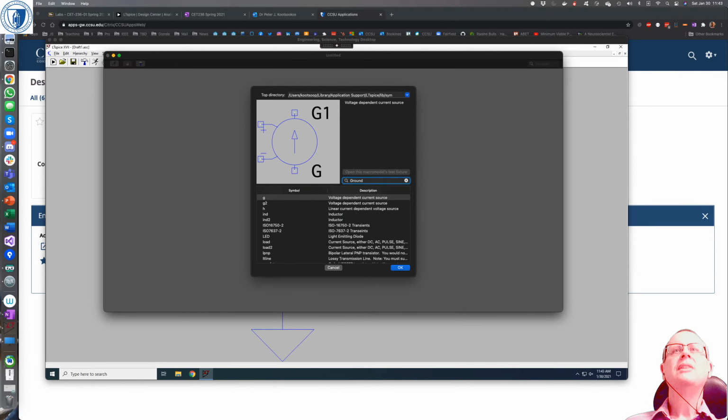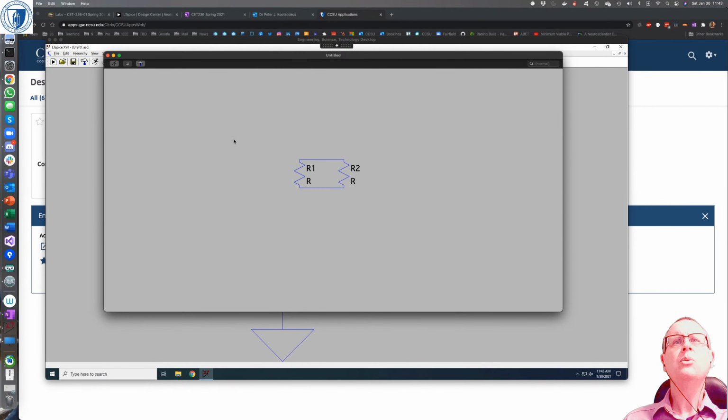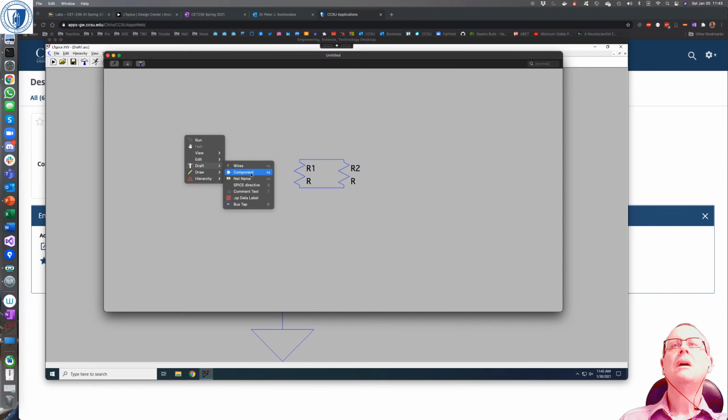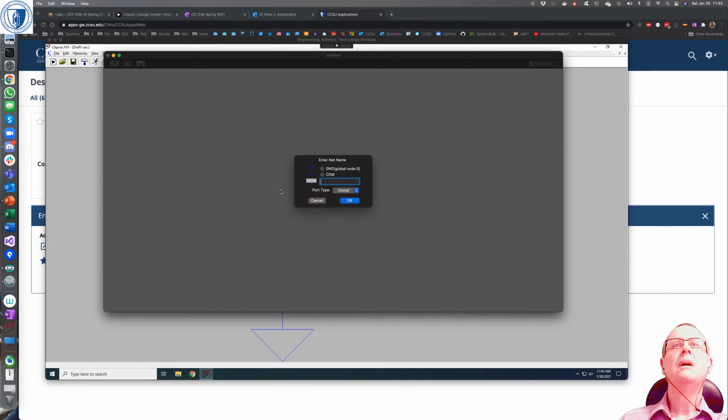It's not a component. I remember that, but I thought it was in one of the other. There we go. There it is.